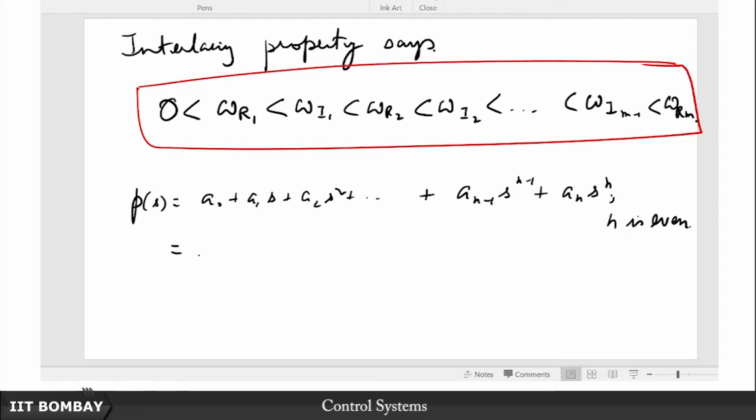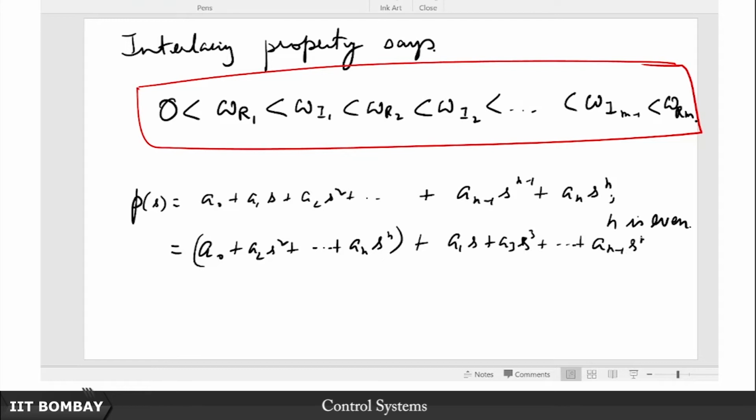So now I split this up into a0 plus a2 s squared plus dot dot dot till an s to the n, plus a1 s plus a3 s cubed plus dot dot dot till a(n-1) s to the n minus 1. So I have now split this up into even and odd part.